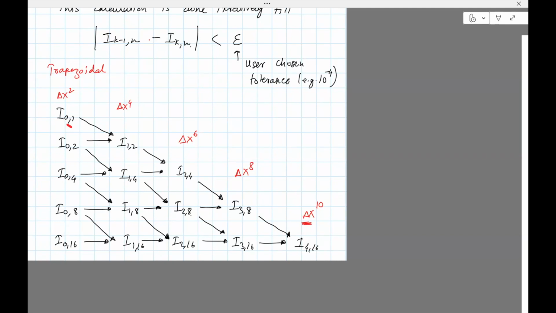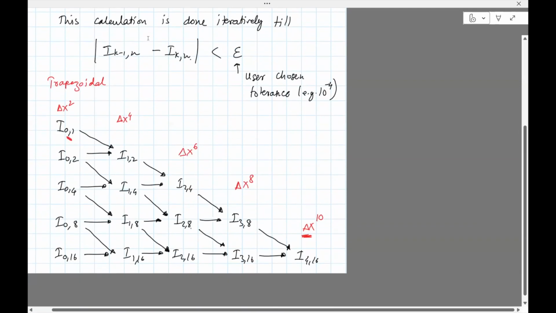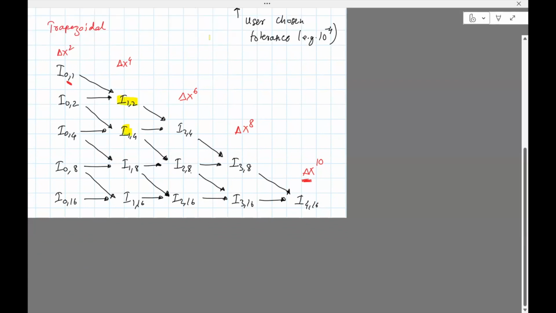So these calculations typically are less time consuming because they involve fewer computations. Just calculate this number, right? So all these are obtained from the previous values.